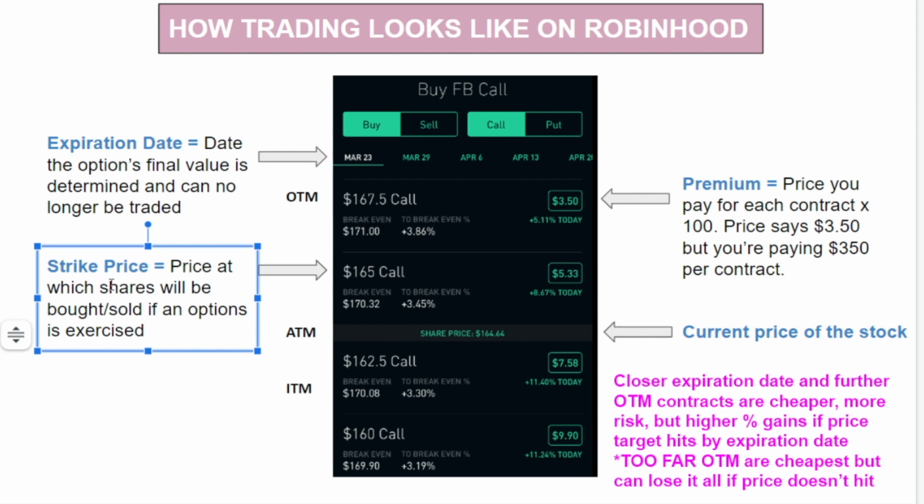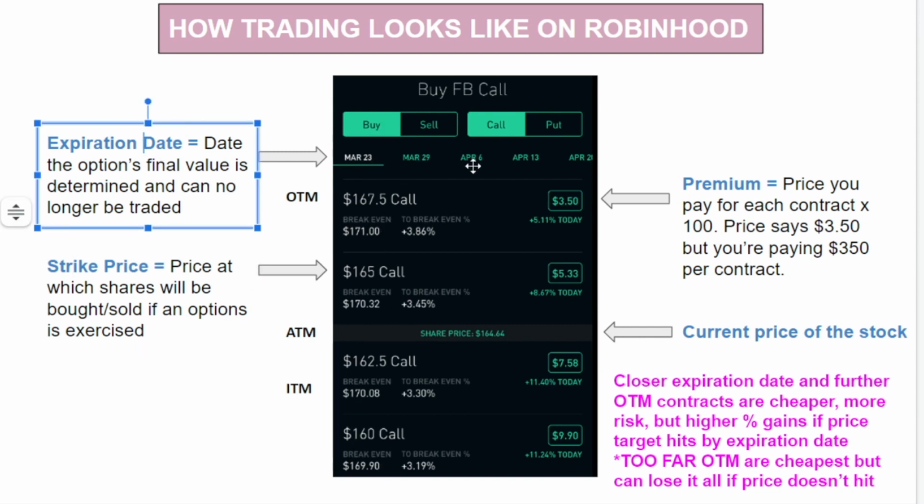So this is at the money contract, in the money contract, and out of the money contract, which is above your current price, and the in the money is below your current price. The strike price is what you believe the price of Facebook will be by this date. And the expiration date is how far away from the current date you want to buy the stock.